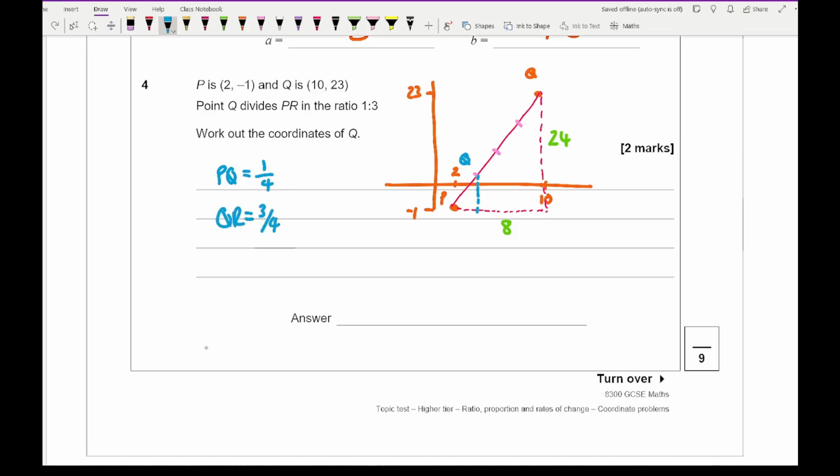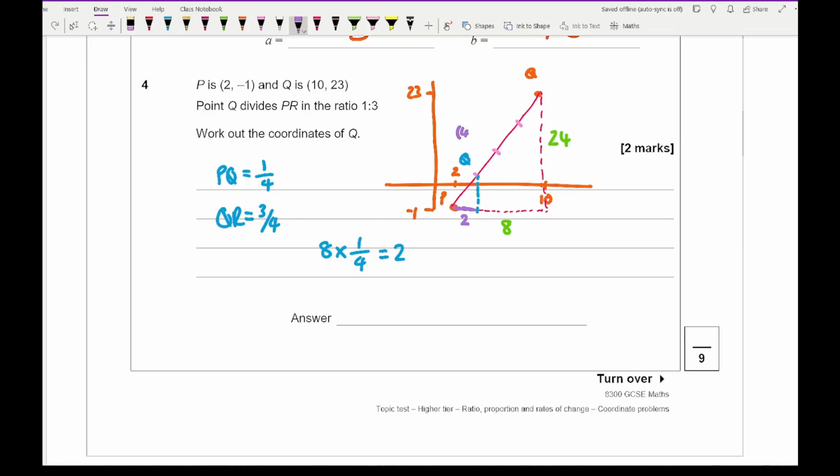To look at the dimensions, if I do 8 times 1/4, that gives me 2. So in this triangle here, let me use a colour that I've not used, let's go for purple, this length here is going to be 2. So the x-ordinate of Q is going to be from 2 going across 2, so that's going to be 4.